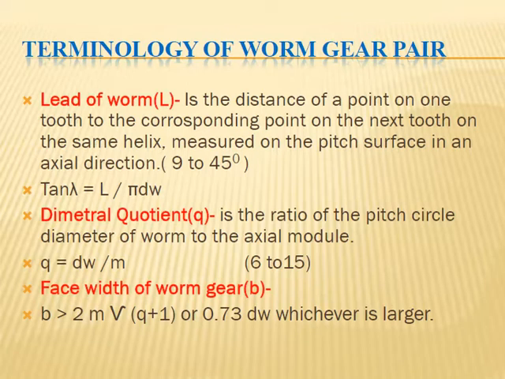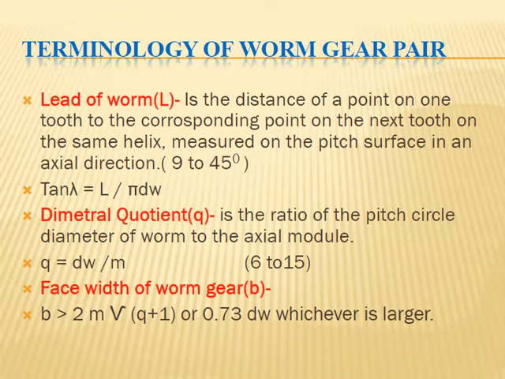If we have a larger Q, the worm diameter is larger. Hence, the strength and rigidity of the worm shaft will be higher. But at the same time, with a larger Q, the lead angle lambda is smaller, hence efficiency will be reduced.